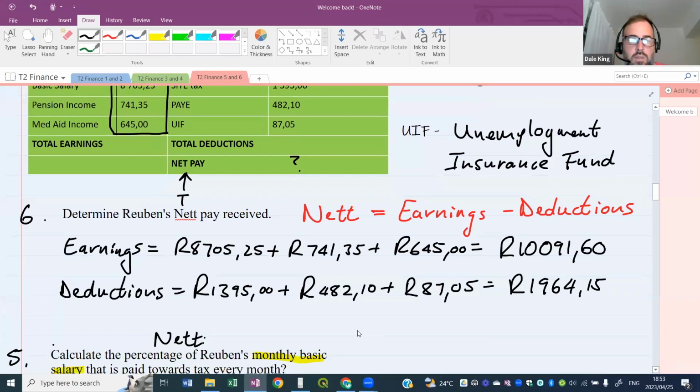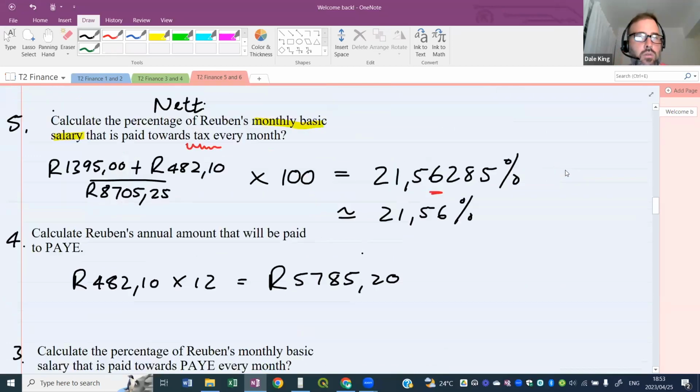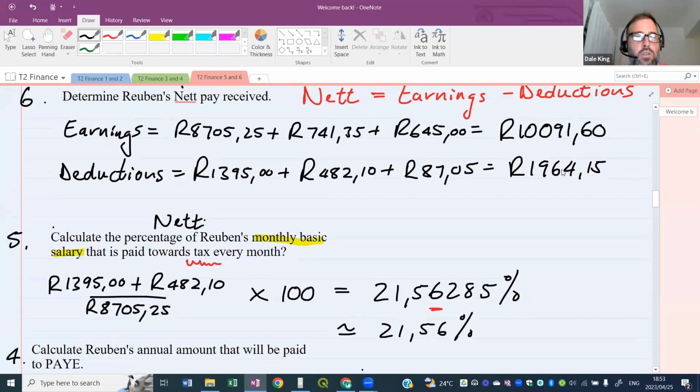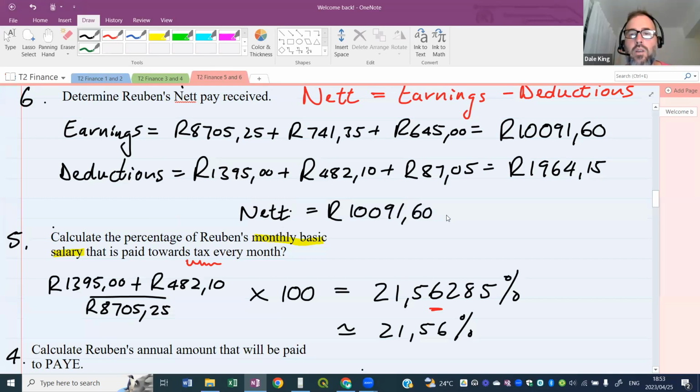And then to work out net, whoops, we just need to subtract those two. So here's the net calculation. I'm going to bring my word net here into play. So net will equal the 10,091 Rand 60.